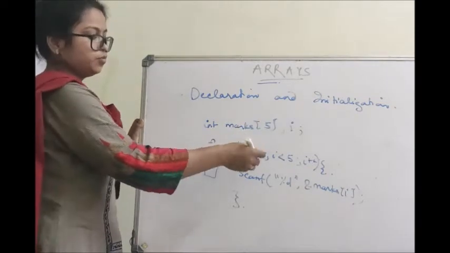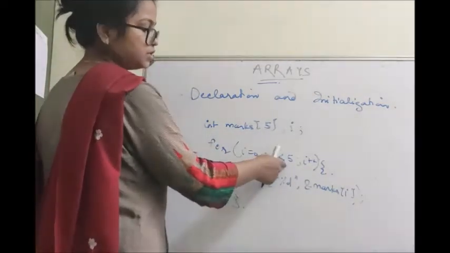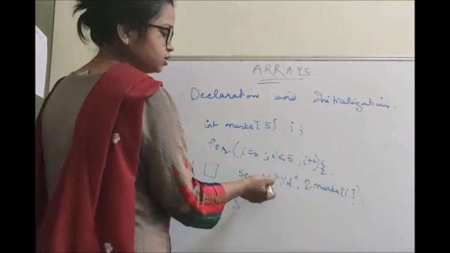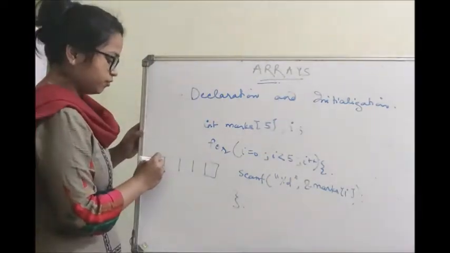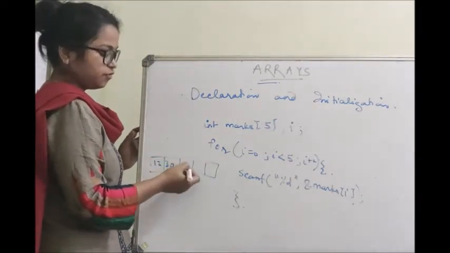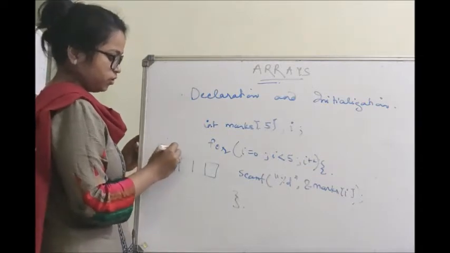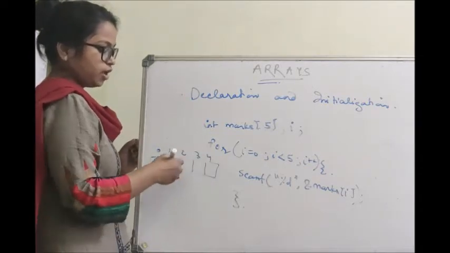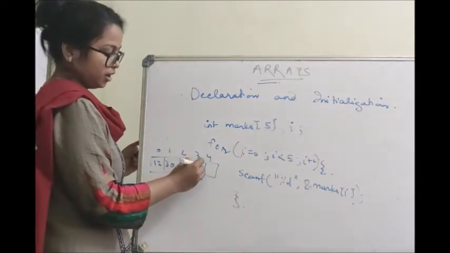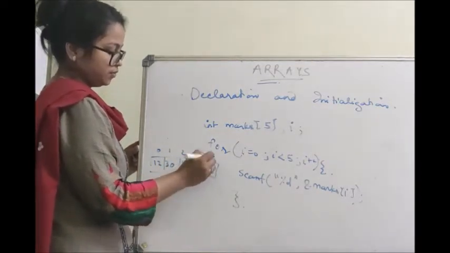The for loop runs 5 times: 0, 1, 2, 3, 4. At the 0th iteration, I may give a number called 12. In the first iteration, I may give 30. So 5 times the loop will run, and each time I will give some mark, 80, 85.